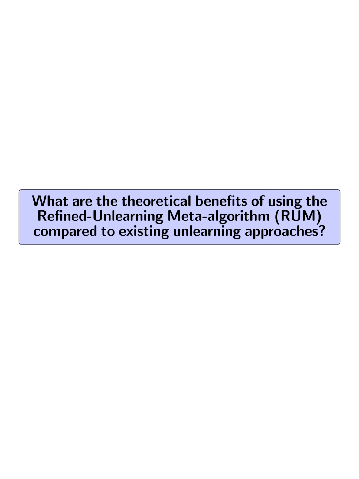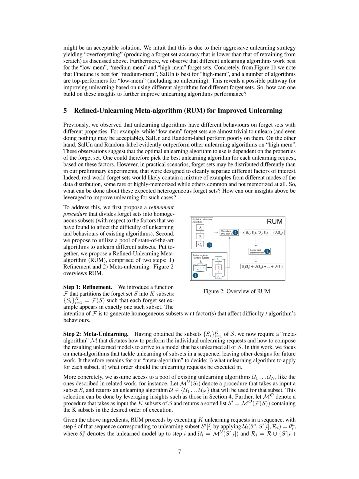What are the theoretical benefits of using the Refined-Unlearning Meta-algorithm, RUM, compared to existing unlearning approaches? The theoretical benefits lie in its ability to address the difficulty of unlearning by leveraging insights into factors that affect the behavior of state-of-the-art algorithms on forget sets.